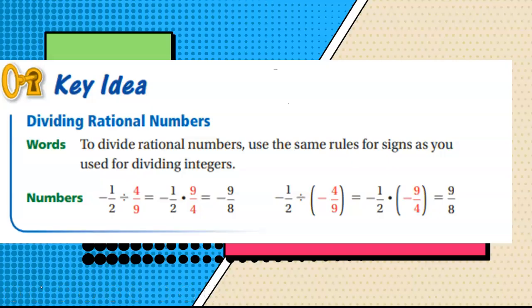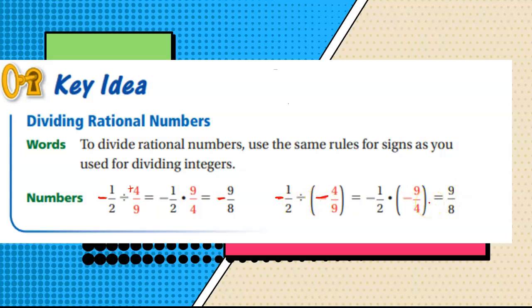Very similar to what we did in the previous lesson. If I see that my signs for my two numbers, one is negative and one is positive, then my answer is going to be a negative answer. And if I see that my signs are the same, negative and negative, then my answer is going to be positive.